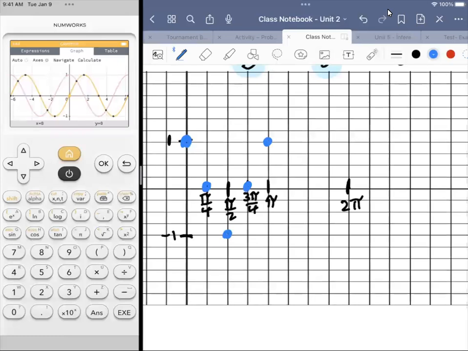Now, this is not going to be my final answer because I have to do a phase shift. So I use a dashed curve to represent that this is not the final product. It's just a baseline for me. Continue the trend till you run out of space.